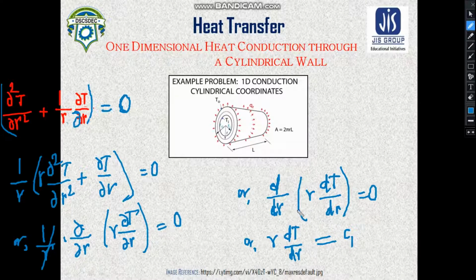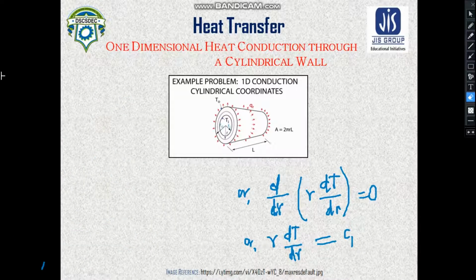Since we have integrated it, this part will be a constant, and we can see that dT/dr will be C1 by R. We can write dT equal to C1 by R into dr. Since C1 is a constant, the integration will take place with respect to R only, and you know that integrating dr by R gives ln R.